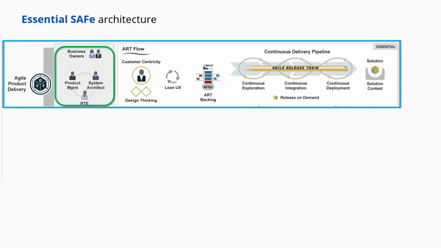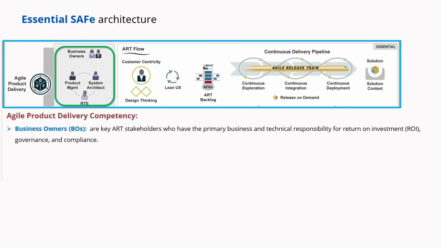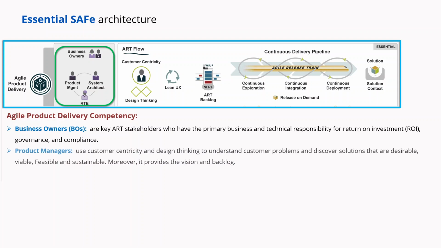The second level of the essential SAFe is the ART level that provides the Agile product delivery competency, and it contains 4 main roles, which are the business owners that are key ART stakeholders who have the primary business and technical responsibility for return on investment, governance, and compliance.